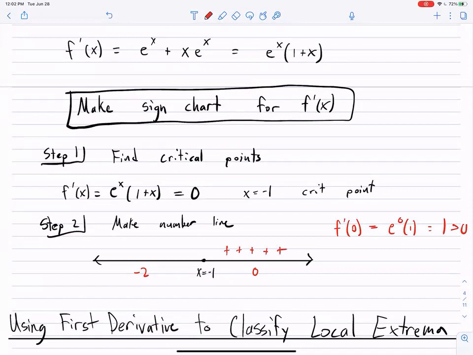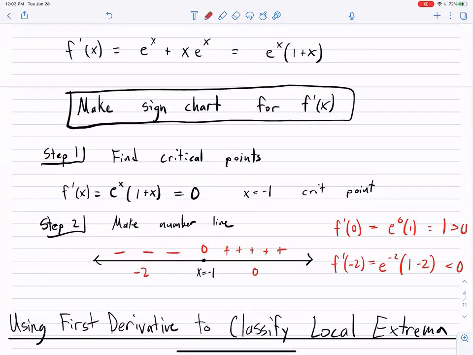So it's positive there. And then if you plug in -2, f prime of -2 is e to the -2 times 1 minus 2, which is less than 0. So we're going to draw negative signs here. And then the derivative is 0 here. And so it's negative and positive.